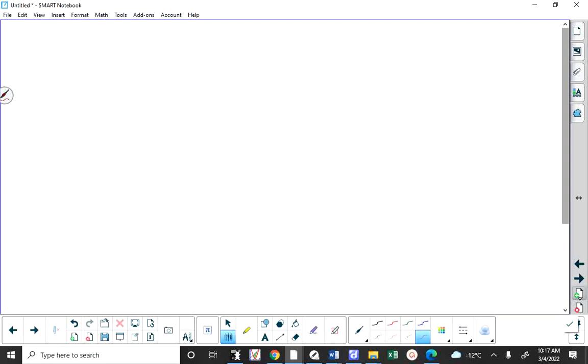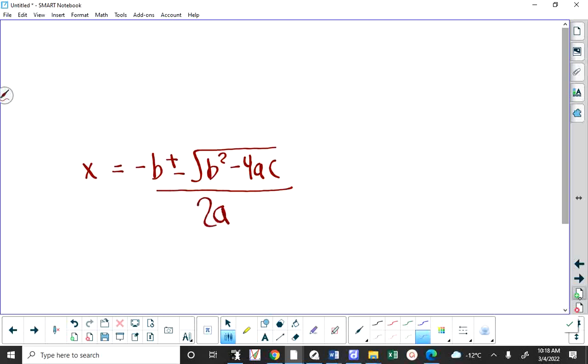Anytime you have the necessity to use the quadratic formula to come up with a solution to a quadratic equation, and I'm going to say necessity, because you can use the quadratic formula for any quadratic equation, but if you have to use it because it's not factorable, well, then it's not factorable. That's my point.